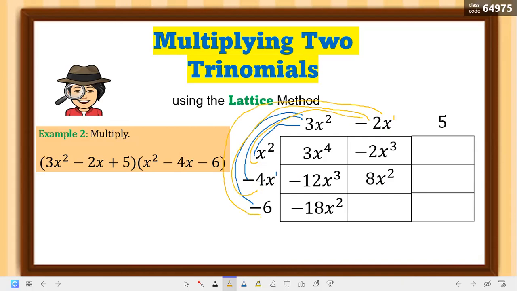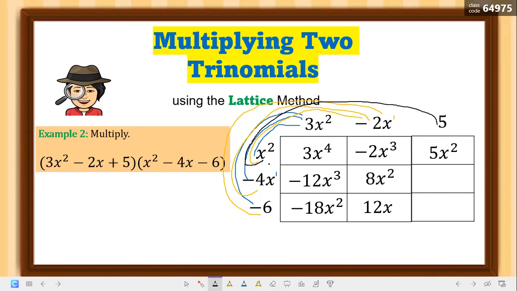Positive 12x. Okay, very good. Since wala namang x in negative 6, wala kang pwede add doon sa x. Kaya, copy mo lang. O, dito na tayo sa last term. Everybody, follow. Gamit ako ng black. 5 times x squared.